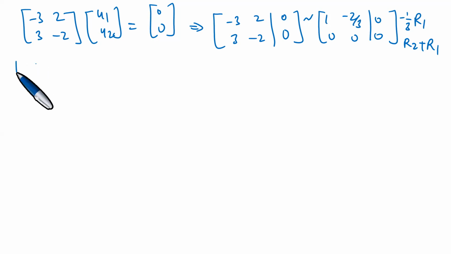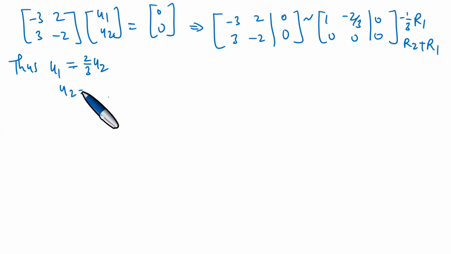Thus, we get U1 is equal to 2 over 3 U2.